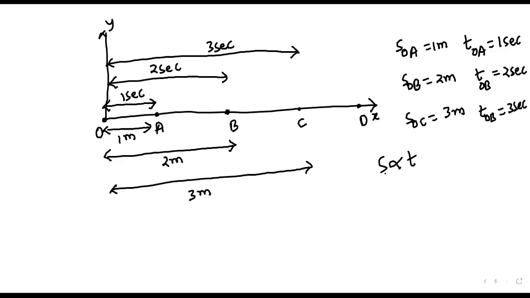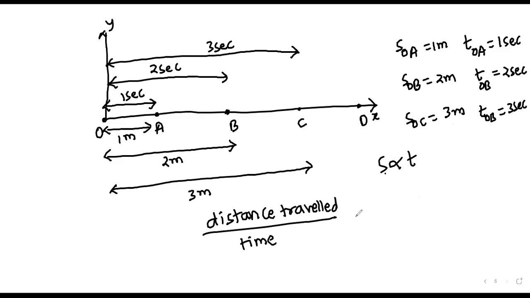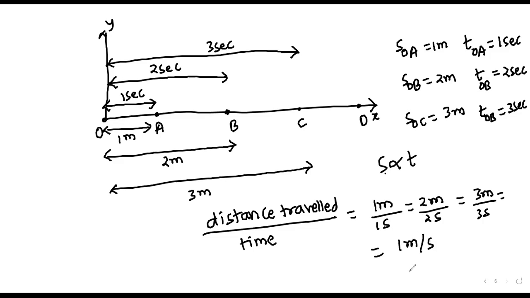So in any interval, you can see distance traveled by time. In the first interval, 1 meter by 1 second. Second interval, 2 meters by 2 seconds. Third interval, 3 meters by 3 seconds. So in any interval, we get 1 meter per second.